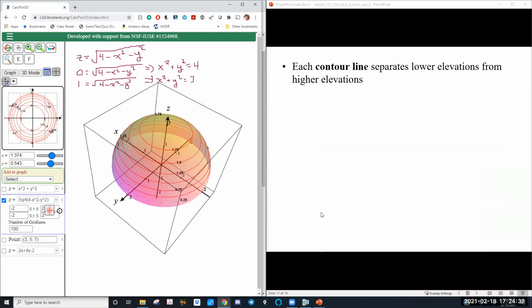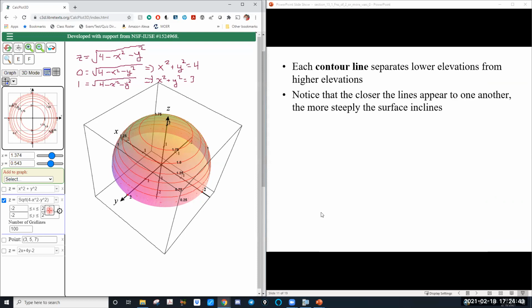So, a couple things about contour lines, and we'll make sense of all of these. They separate lower elevations from higher elevations. And the closer they are to each other, so think of our circle here, notice how they're closer together where the circle is steeper. Here, as we get towards the top, they're further apart, or you can see it here on the contour plot.